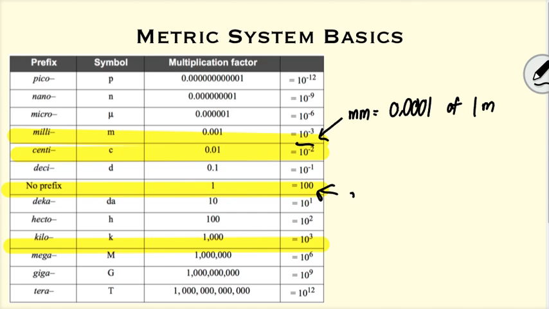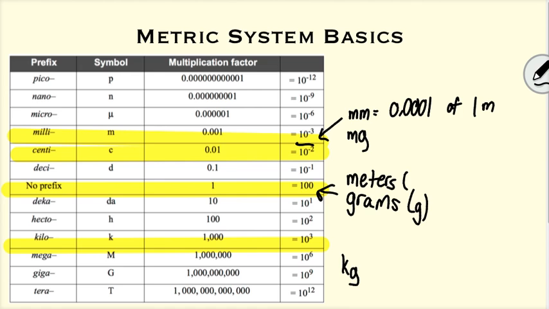This is the base. Okay? The base units are grams for weight, which we abbreviate with a g. So say we were talking about milligrams, we would use mg. If we were talking about kilograms, we'd use kg. Another one that's important is the meter that we use for length. That's m. So if we were talking about millimeters, we would use mm.